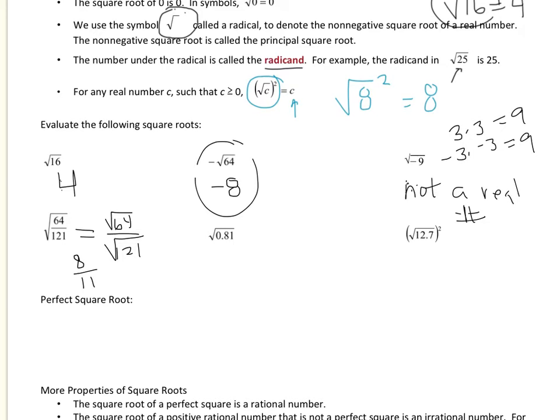Now you might know the square root of 81 is 9, so the square root of 0.81 is 0.9. No square root symbol, just 0.9. Our last one, we have the square root of 12.7 squared. As we said above, when you have this square and the square root sign, they cancel each other out. So this is simply 12.7.